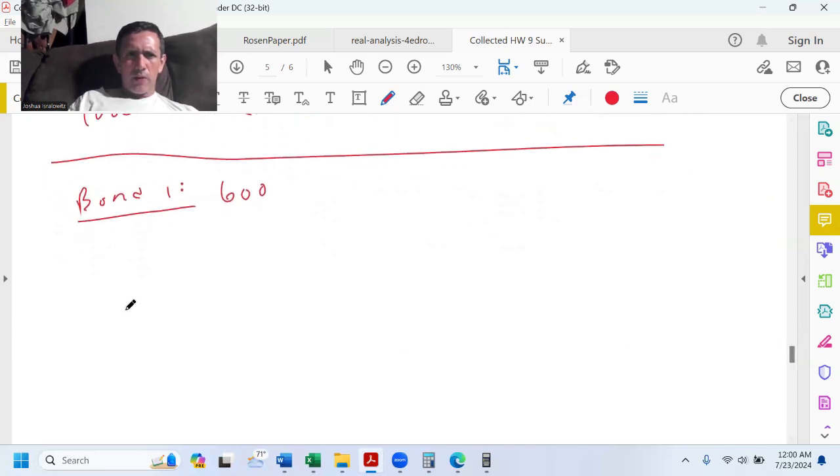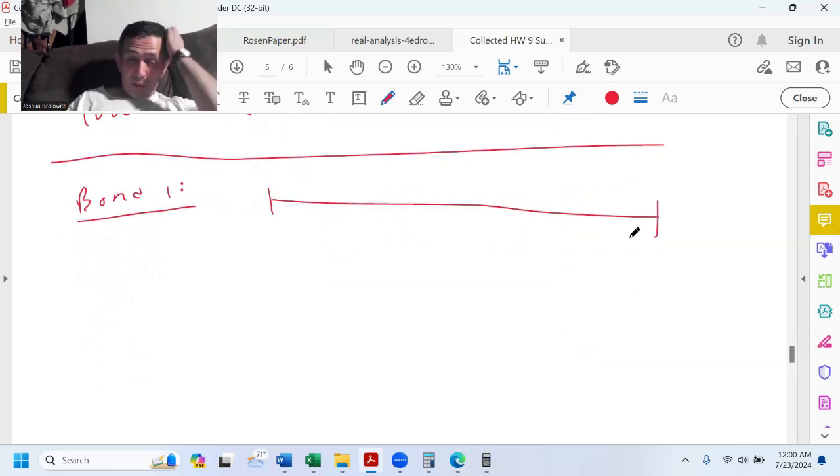So, I guess I'll draw a time diagram. We don't know what R is. In problems like this, the face value, which determines the coupon every 6 months, is often called the par value.